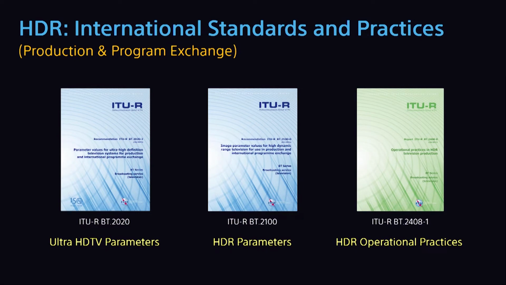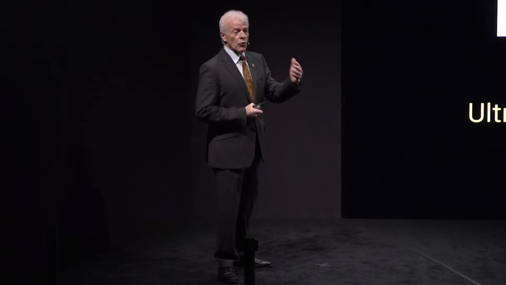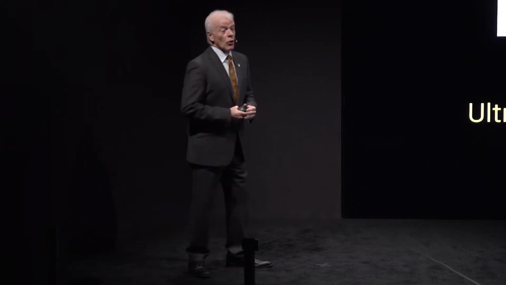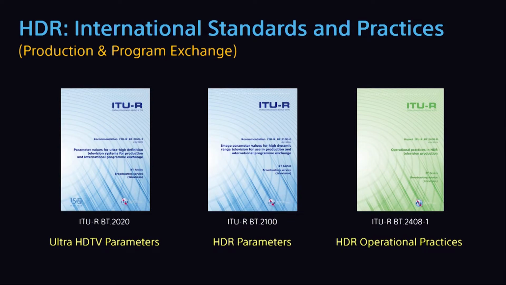Probably you have seen this document. These are international standards produced by the ITU, the International Telecommunication Union. This document, the 2020, describes the parameters of ultra-high definition formats, such as 1080 progressive, 4K, 8K, and the color space is the color space 2020. The Standard 2100 describes the use of a logarithmic curve for HDR.